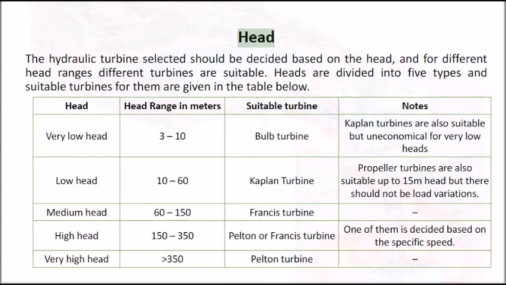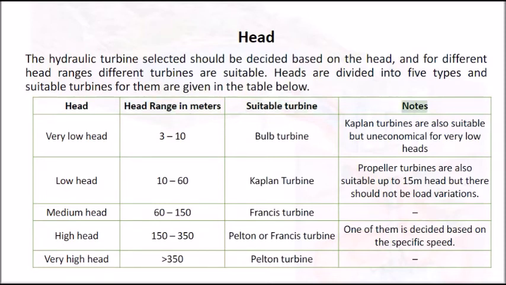Head. The hydraulic turbine selected should be decided based on the head, and for different head ranges different turbines are suitable. Heads are divided into 5 types and suitable turbines for them are given in the table below. Head, head range in meters, suitable turbine, notes.